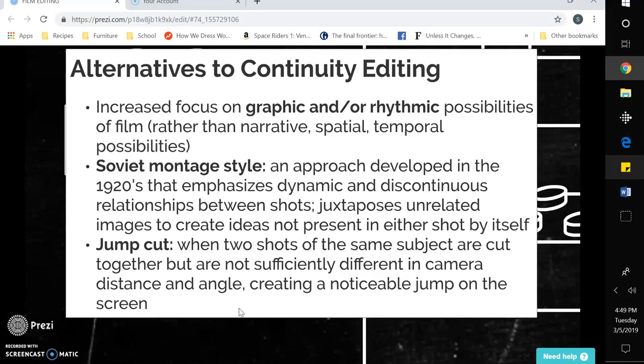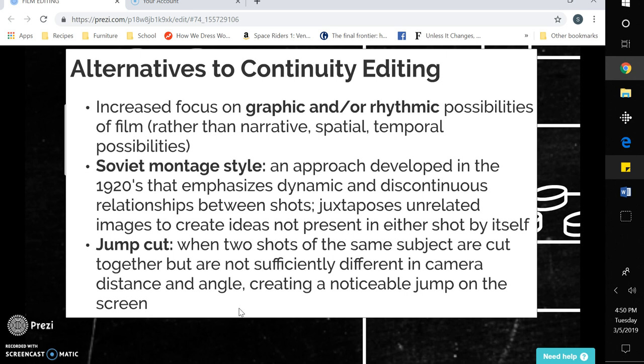Because if we think about post-classical and MTV editing, really a lot of music video editing and newer film editing focuses on connecting scenes or connecting shots through images, connecting shots to create a certain rhythm. It's less focused on telling a story and creating a spatial and temporal story world that makes sense, but more focused on creating a certain image, an aesthetic, an emotional reaction.